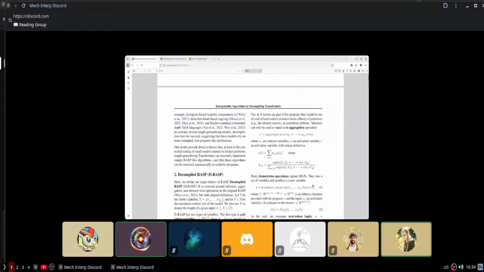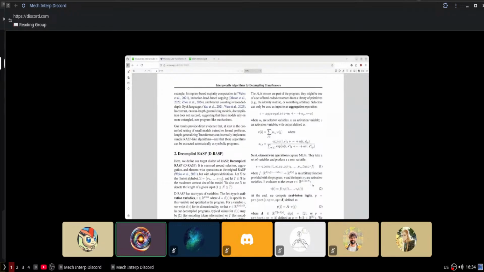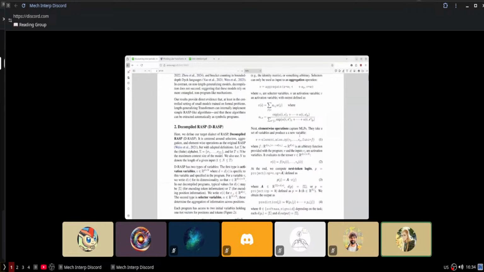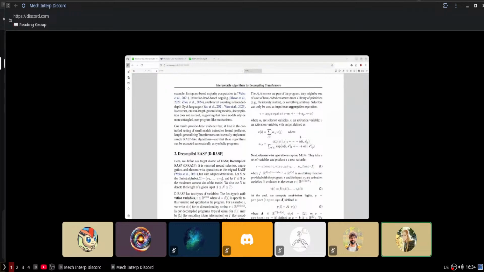Position ij: if i equals j, it's 1, otherwise it's 0. Oh yeah, that's an identity matrix, right? But it might not be a square matrix.